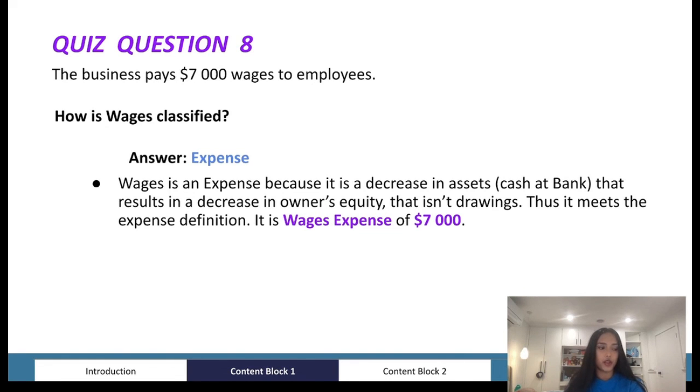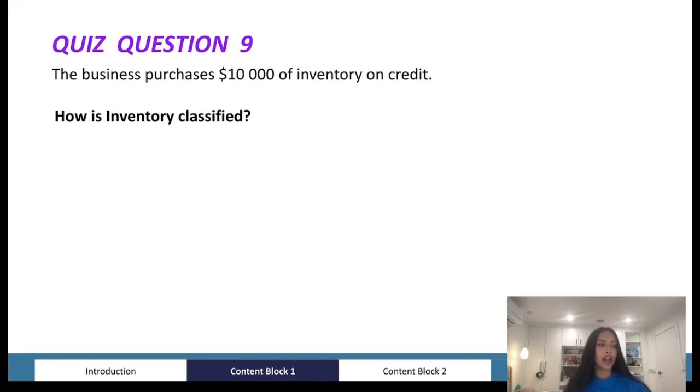So it's $7,000 worth of wages expense. How would $10,000 of inventory be classified? I'll give you a minute.